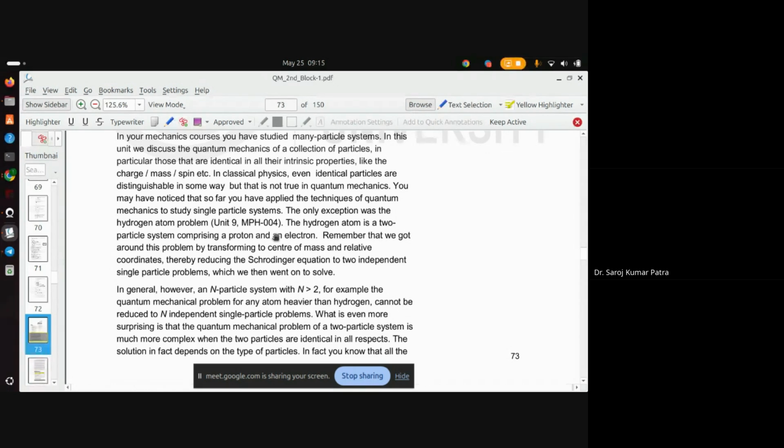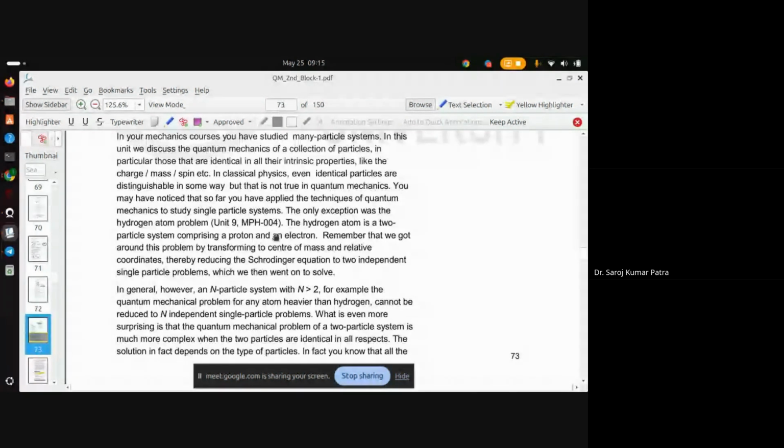So if we start thinking about more than one particle, then the natural question that comes to mind is whether those two particles are distinguishable or not. I don't know whether this is acceptable, but for example, we Indians, among ourselves, can easily distinguish each other from the face.